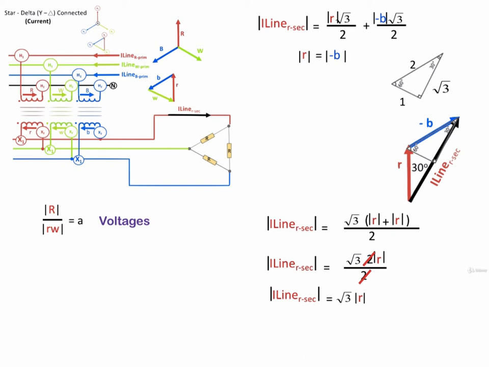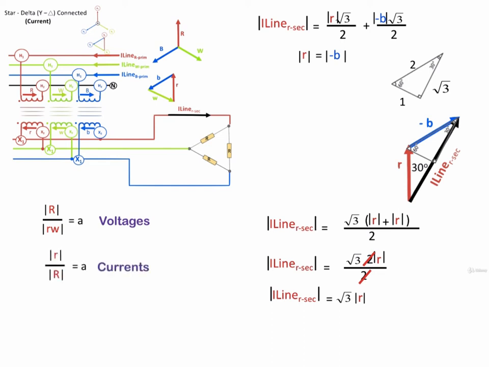The turns ratio of the transformer is given by the voltages of the red phase magnitude, the voltage across the coil or the windings of the red phase over the voltage drop across the windings of the red to white secondary terminals, because the red to white is connected delta. So the turns ratio, when we discovered this before, is given by the magnitude R all over the magnitude RW.